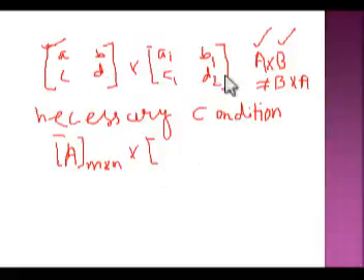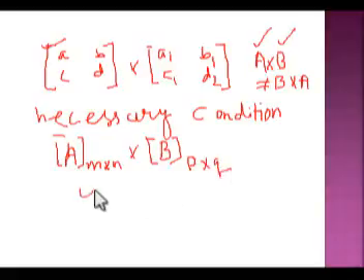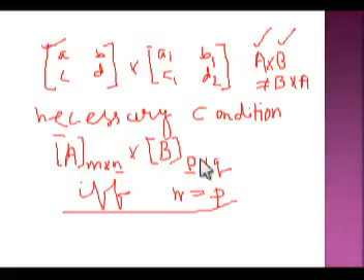But if the matrices are not square, then this is the necessary condition: they can be multiplied if and only if n is equal to P. It means the first matrix's number of columns and the second matrix's number of rows must be equal. Then it can be multiplied. Otherwise, it cannot be multiplied.